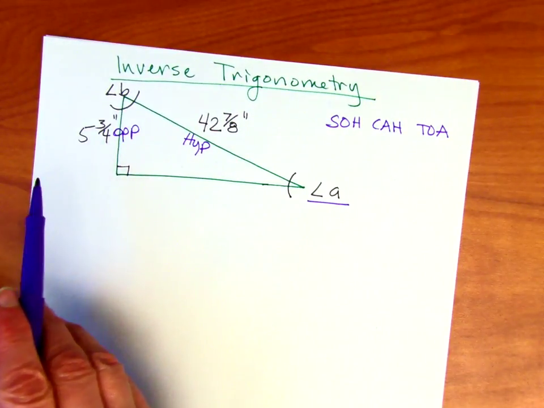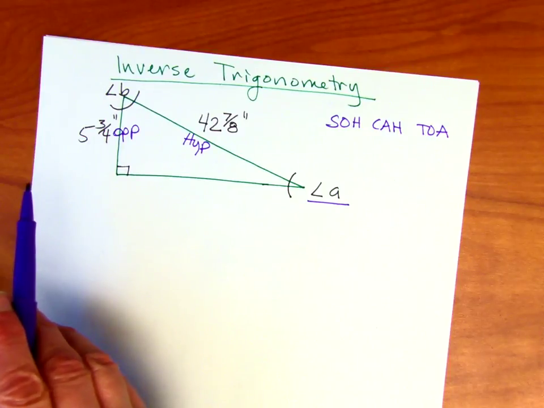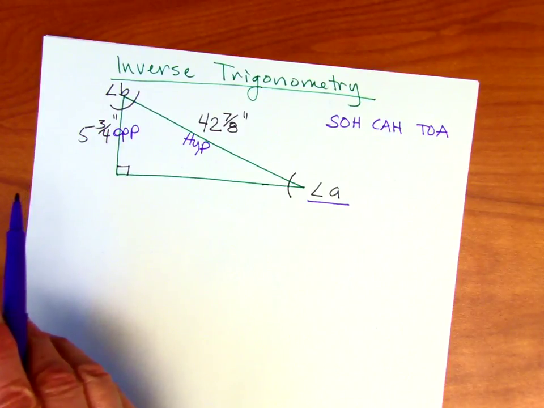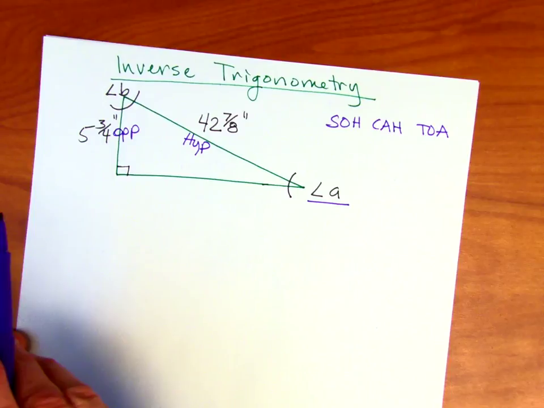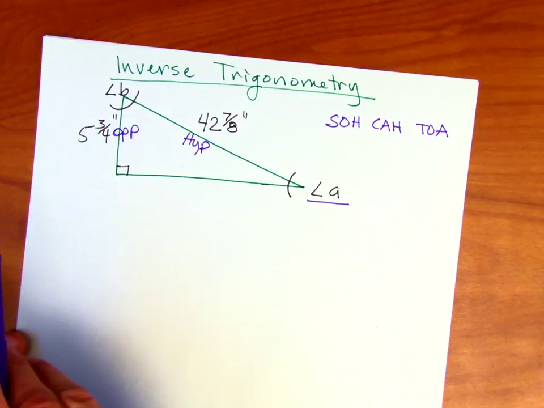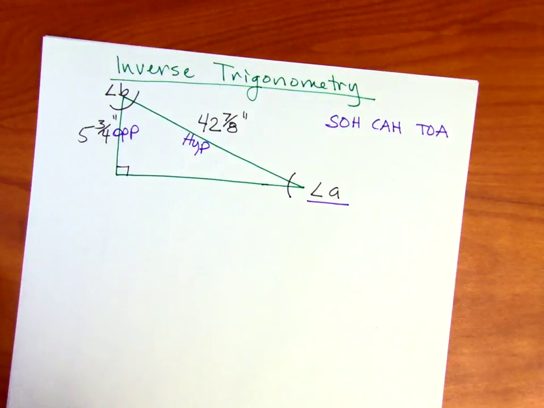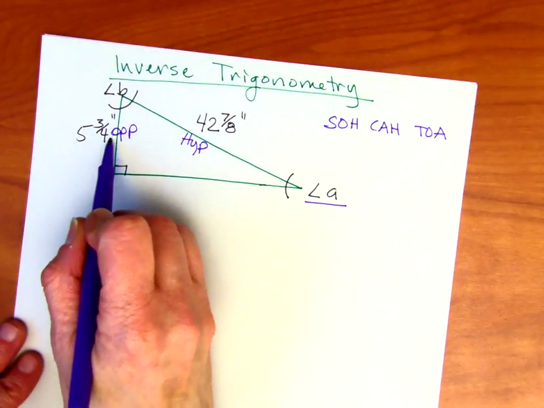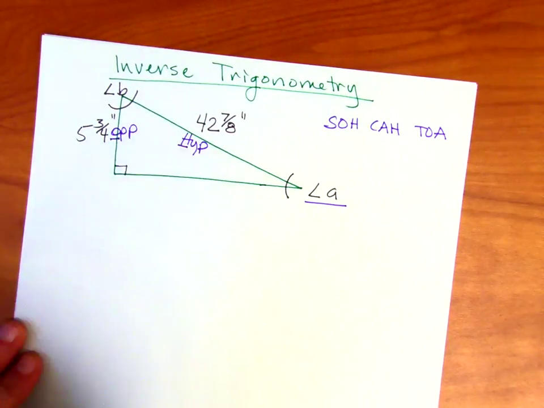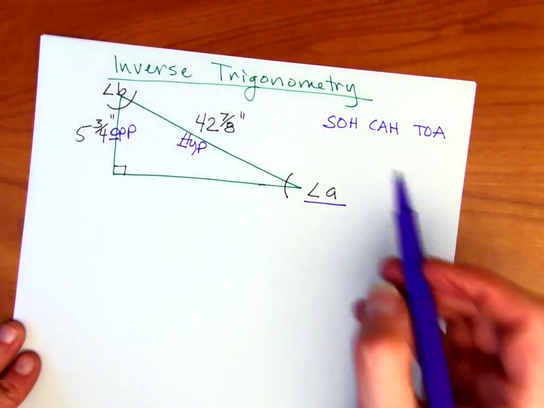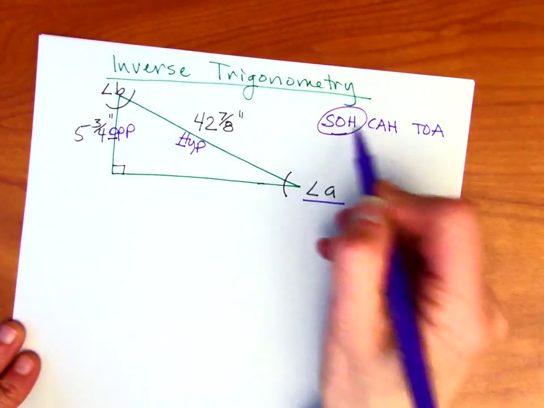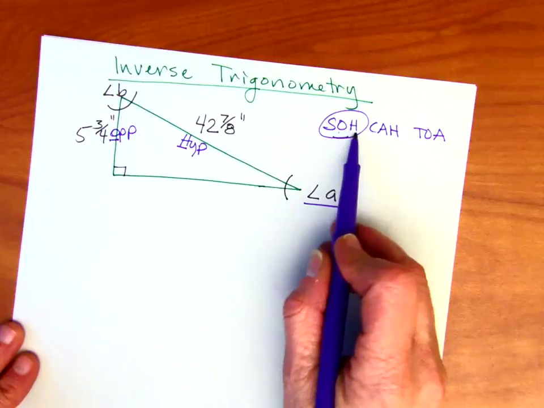Instead of looking for a function that has a side that we have and a side that we want, we're going to choose a function that has both the sides that we have. So for instance, in this one here, we have the opposite, we have the hypotenuse. So we're going to pick sine because that has opposite and hypotenuse in it.